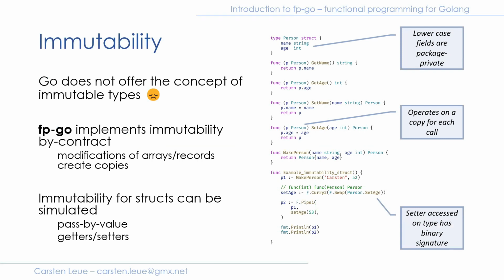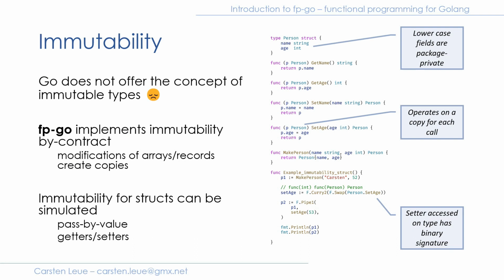Quick word about immutability. Go does not have a way to enforce immutability, but there are some interesting aspects in Go that we can use. First, if you write getters and setters on functions, Go is a way to pass objects or structures by copy, as you can see in this example.